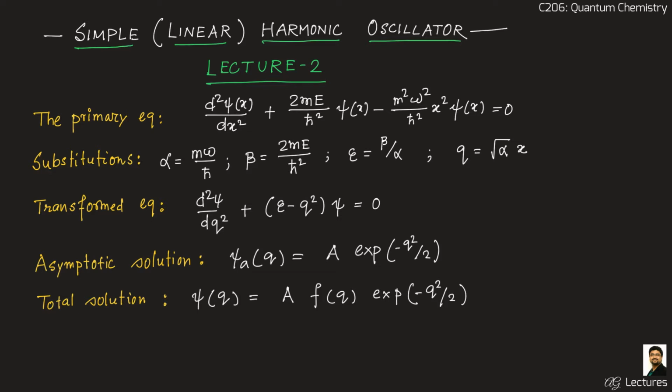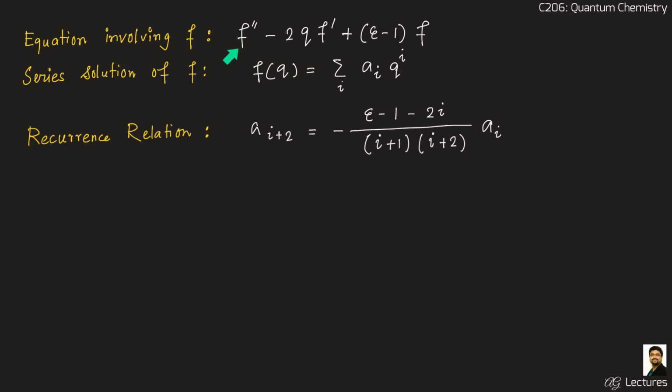When q is large, the asymptotic part will take over, and then the total solution is going to be complete when we come to know what this f is all about. The next step that we did is that we inserted this psi in this equation, and then we found a new equation involving f, which is given by this equation.